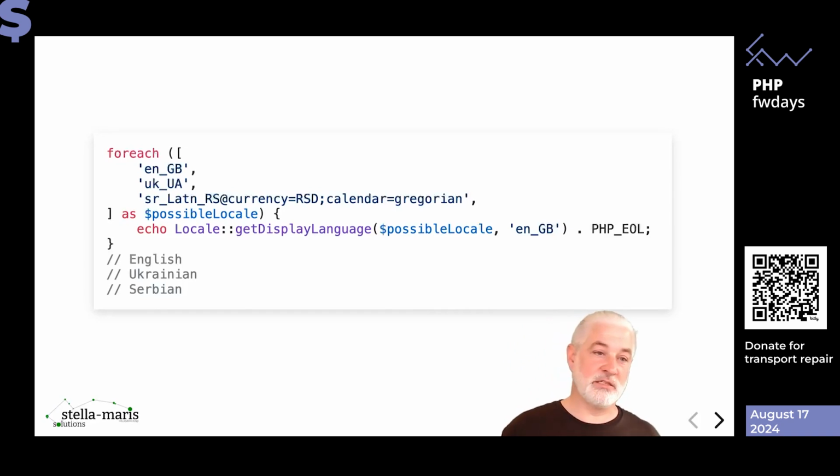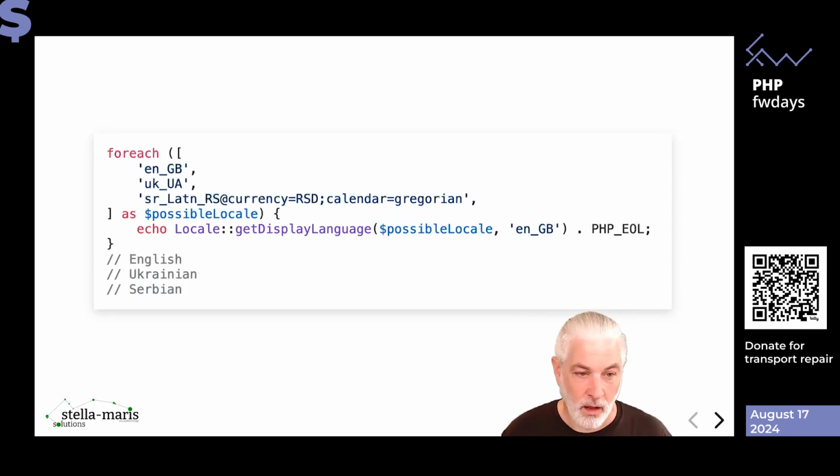So in this case, it gives us the language name for en_GB: English as spoken in Great Britain, which is English. For uk_UA, it's Ukrainian. And for sr_Latn_RS, it's Serbian, the Latin version as spoken in the Republic of Serbia.